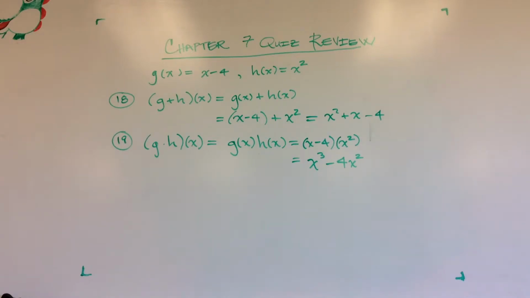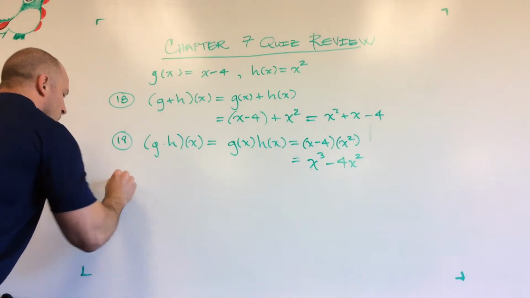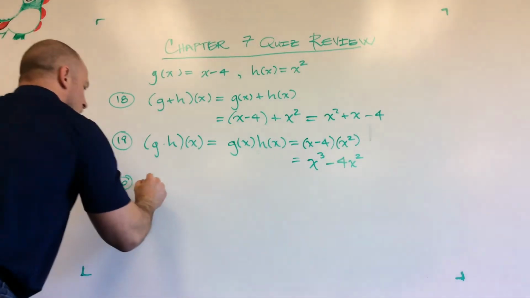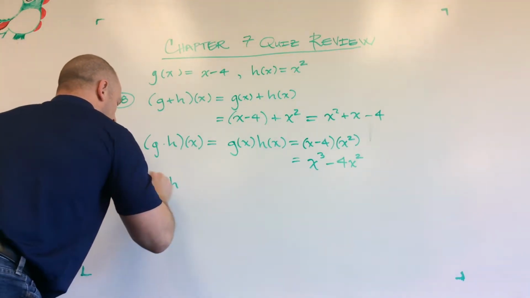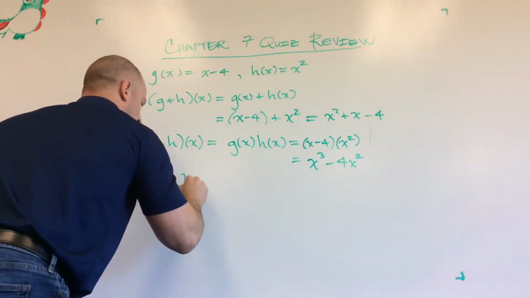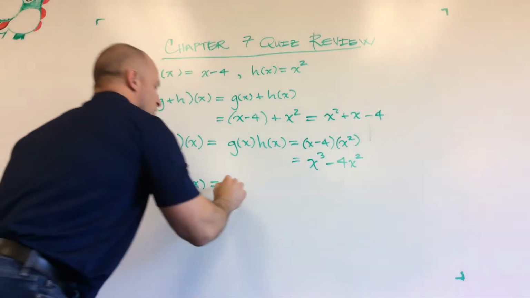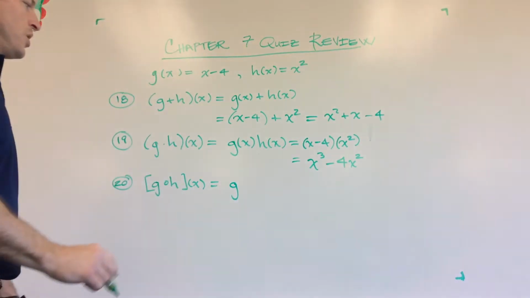20 now asks us to do the composition of functions. And it asks for g composed with h. And again, what this means is we're going to take the function g, but it's going to get a new input of h.